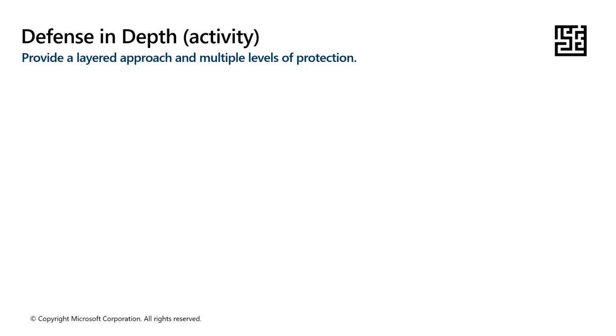In Microsoft, we take a layered approach for defense. We don't bet our entire security posture on one thing like a firewall. In security, there's no bulletproof, but we can make it harder for attackers to break in by placing multiple controls that hopefully will exhaust them so they will give up.